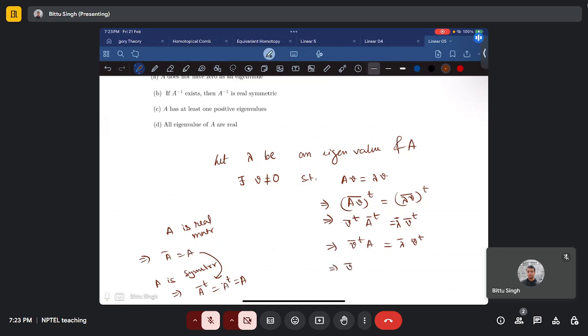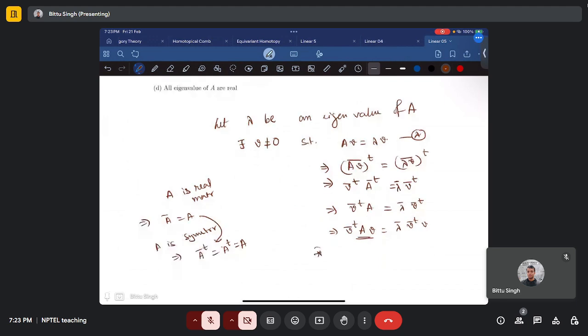So we get V bar transpose AV is the same as lambda bar V bar transpose V. But AV is the same as lambda V. So if we denote it by star, we can write V bar transpose AV is the same as lambda V bar transpose V, and this is the same as lambda bar V bar transpose V. But V bar transpose V is always non-zero. You can easily check with any example.